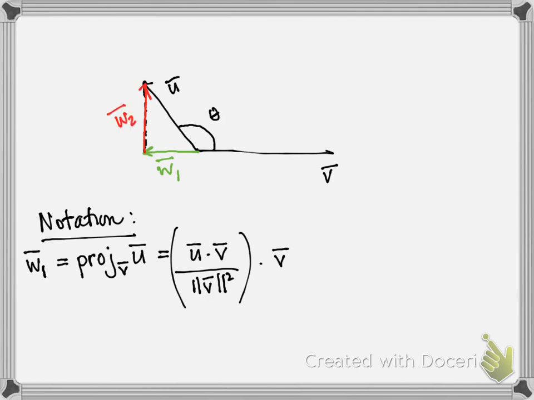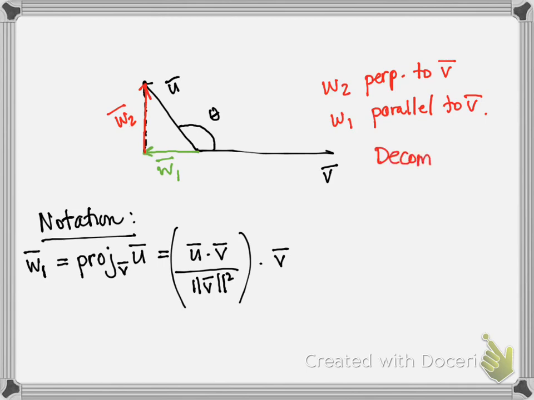Notice W2 is also sort of a portion of U, but now W2 is perpendicular to V. W2 is perpendicular or orthogonal to V, and W1 is parallel to V, okay? So what you see me here doing is decomposing U into two parts. One part is parallel to V.